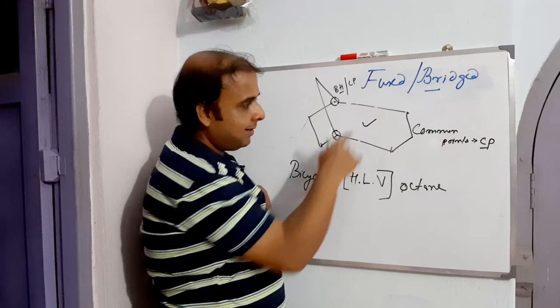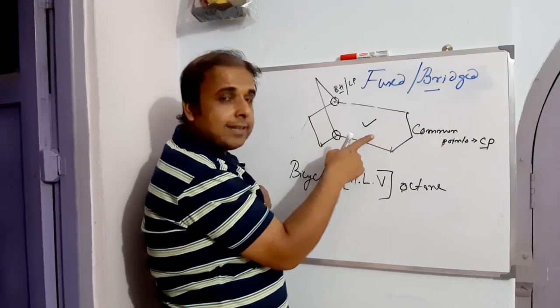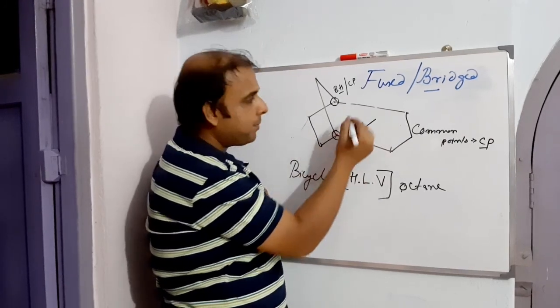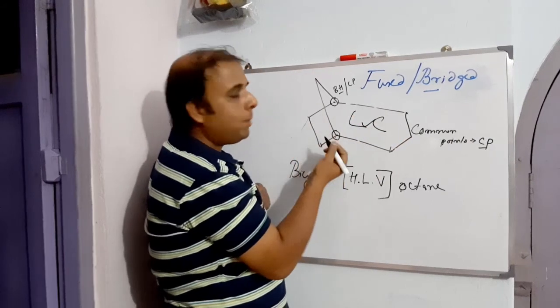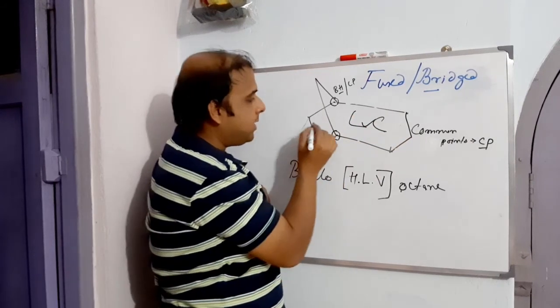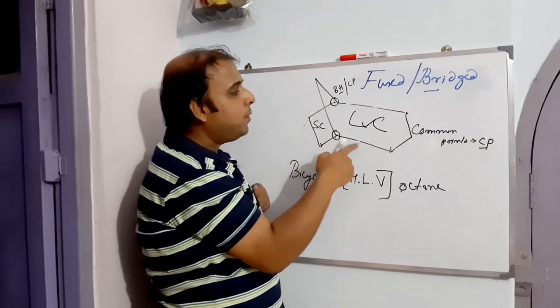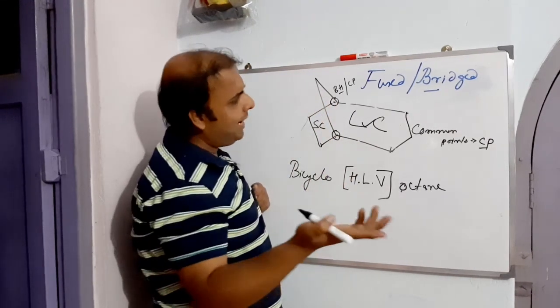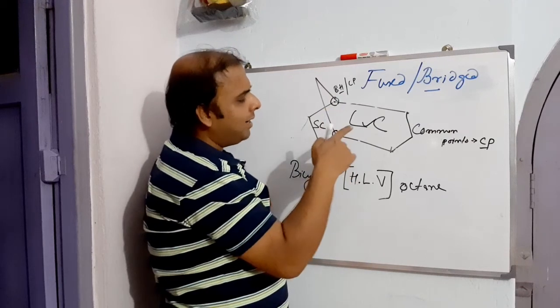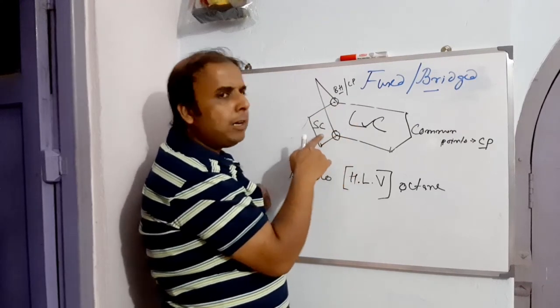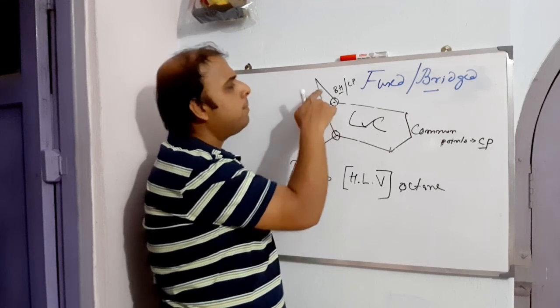So as I said here, highest number of points, that means this is found to be the longest chain. This is found to be the smallest chain, and this is found to be the variable. Don't get confused with this, because you may raise a question that, as it is the lower one, this should be the middle one. Why? Because this is comprised of 2 and this is comprised of 1.